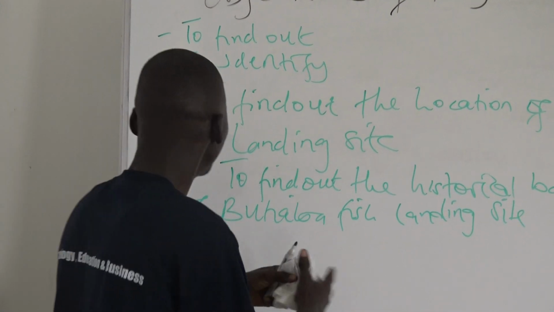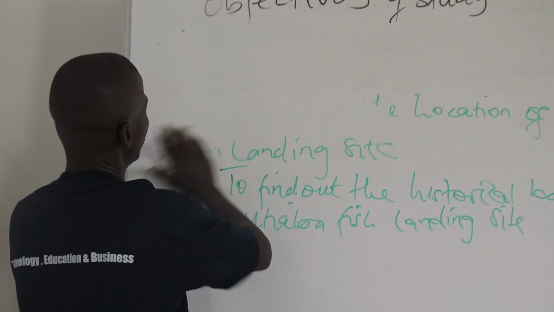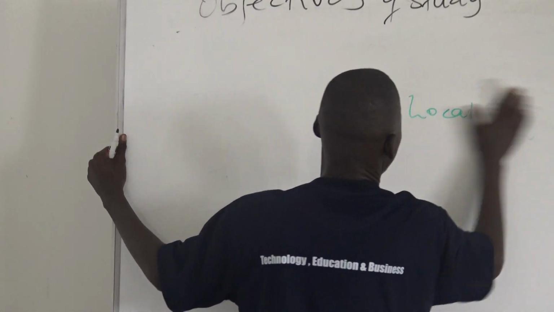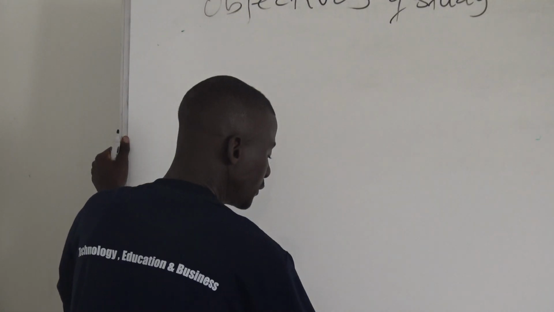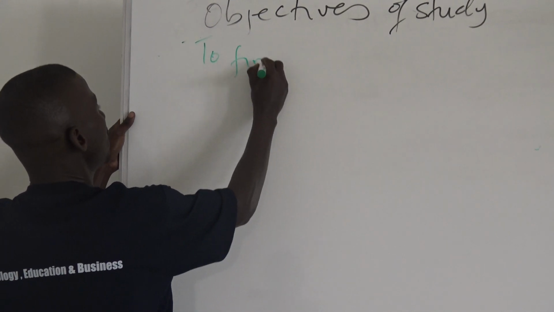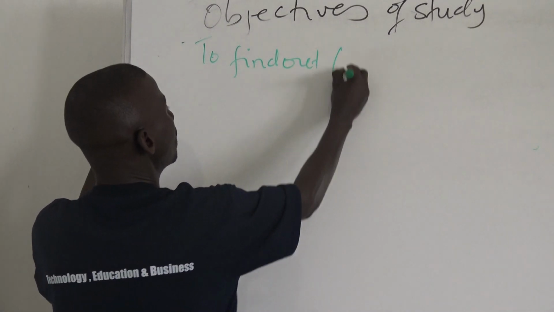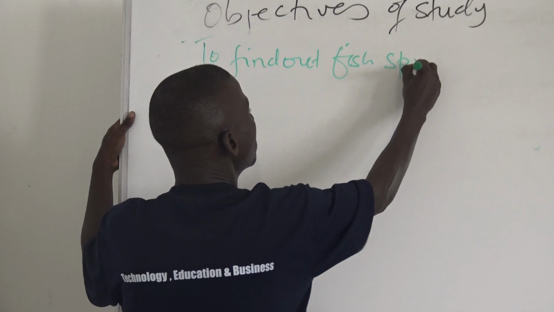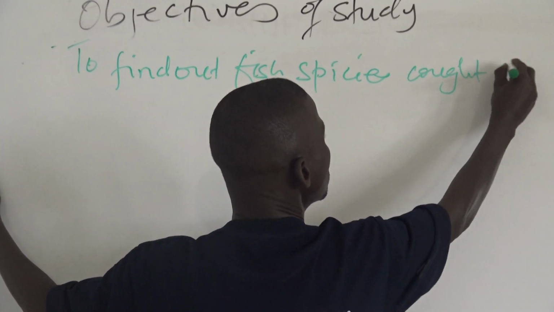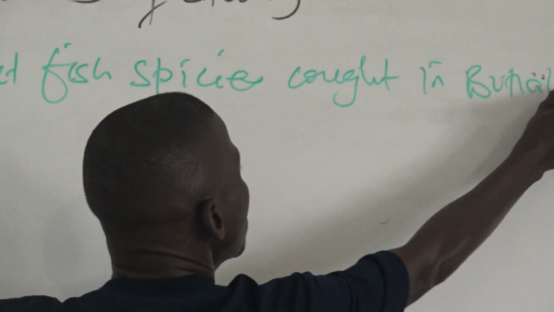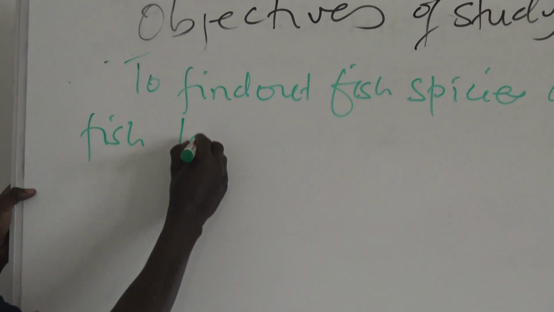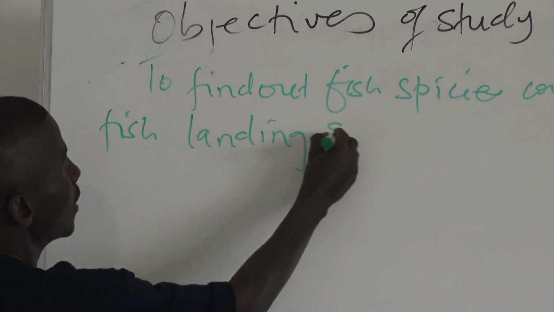Then the third objective is to find out the fish species caught in Butiaba fish landing site.